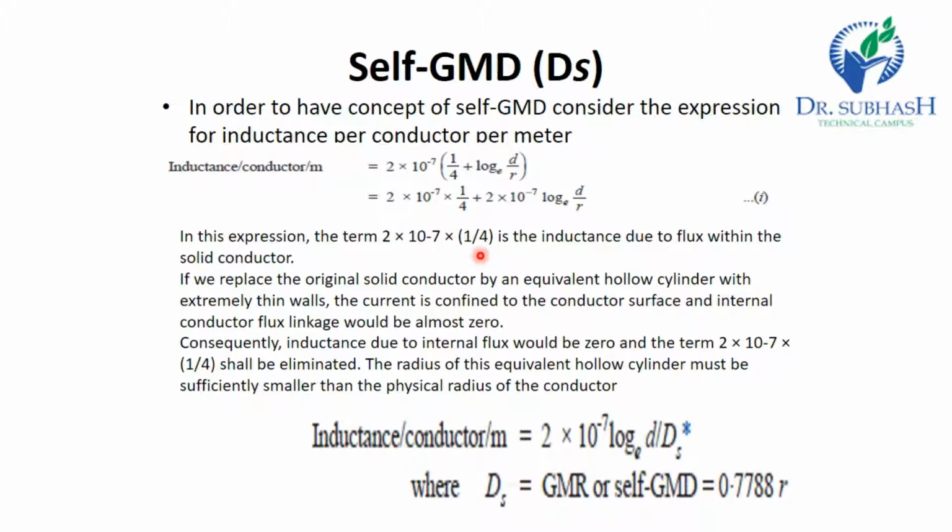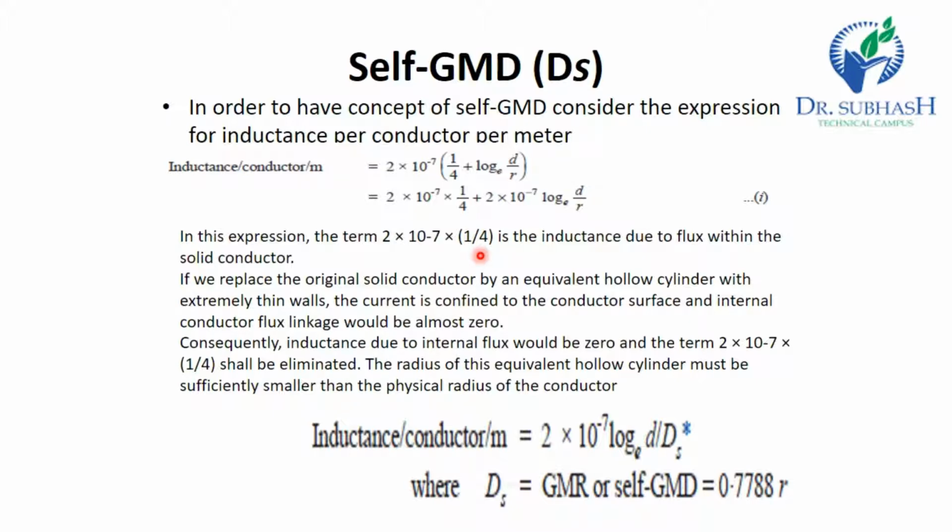Now it is desired to eliminate this term by introducing the concept called self GMD or GMR. If we replace the original solid conductor by an equivalent hollow cylindrical conductor with an extremely thin wall, the current is confined to the conductor surface and the internal flux linkage would be almost zero.